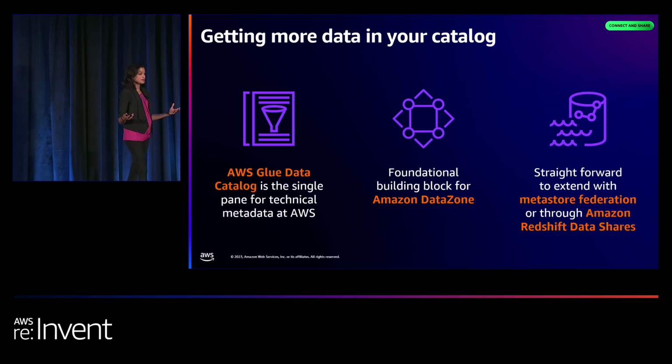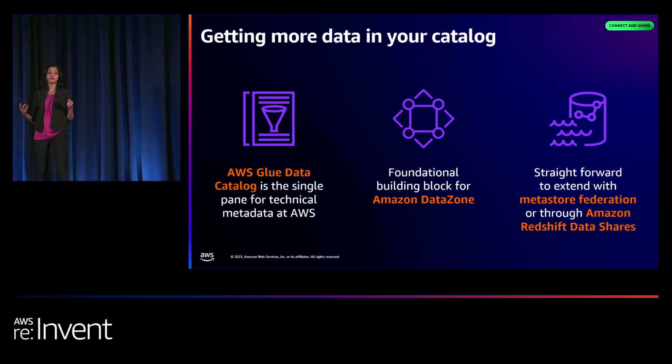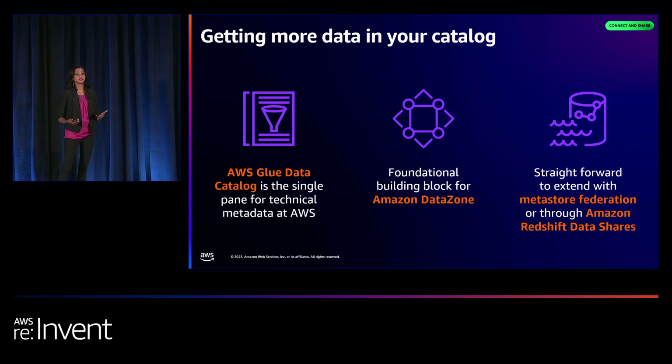So in the theme of connecting and sharing the data, first and foremost our focus is on building primitives. We want to be able to give a place where your AWS Glue Data Catalog becomes this core technical metastore that is really able to talk to very different sources, and you're able to pull in the data and then apply all of your Lake Formation goodness on top. So in order to achieve that, one of the core primitives that we are focusing on is federation.